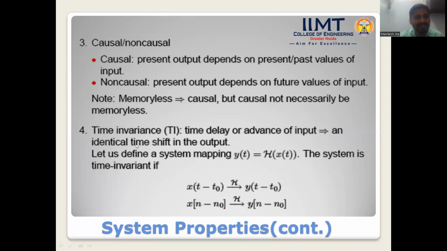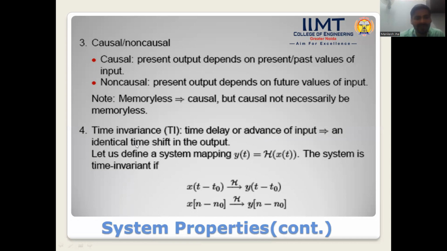We have to remember that a memoryless system is always a causal system, but a causal system may or may not be a memoryless system. Because a memoryless system's present output depends only on the present input. So a memoryless system can be a causal system, but a causal system may not necessarily be a memoryless system.